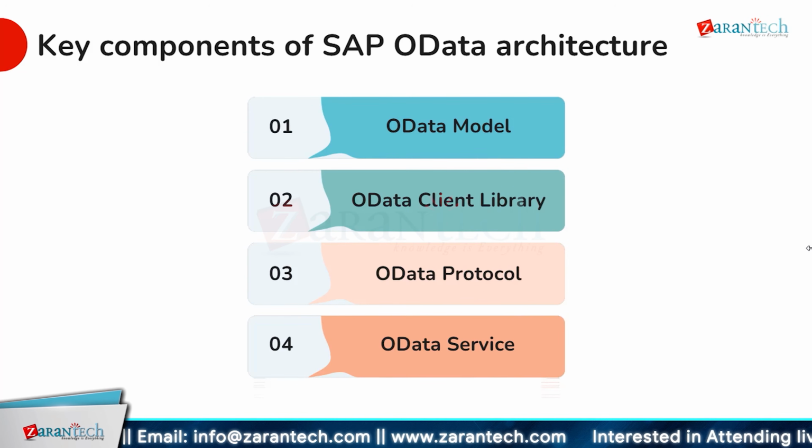The OData protocol is the musical score. It defines the rules and standards everyone follows. The OData client library is like the musician's instruments, the tools needed to interact with the service. The OData model is the music itself, the structure and format of your data.